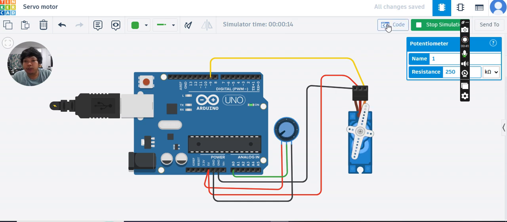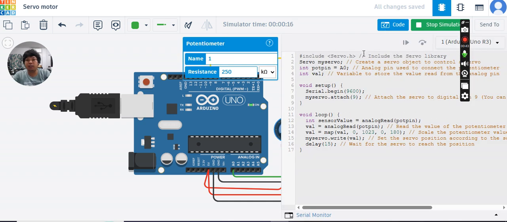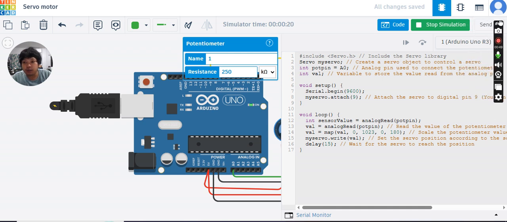So for the code of this one, controlling the servo motor, we will first include the library of the servo motor, the Servo.h, and then create a servo object to control.